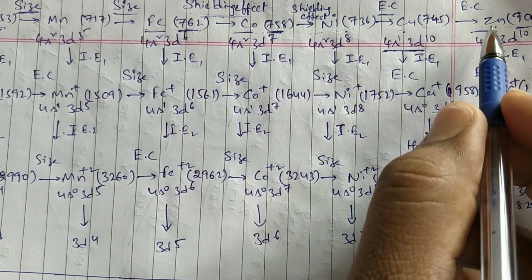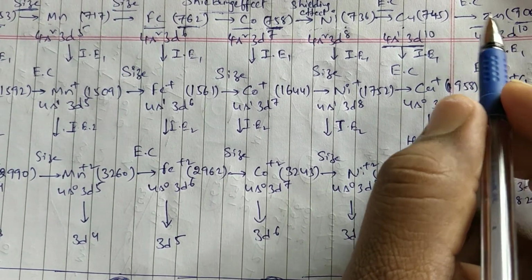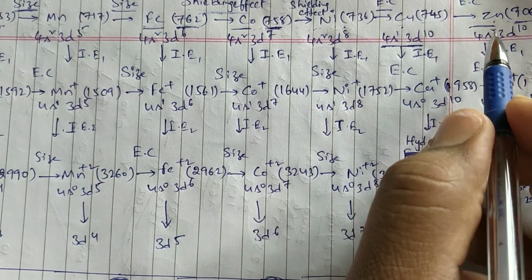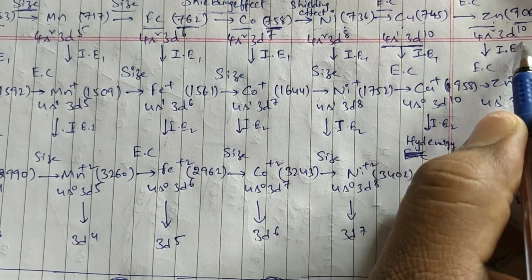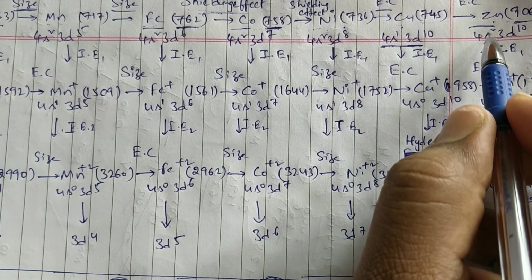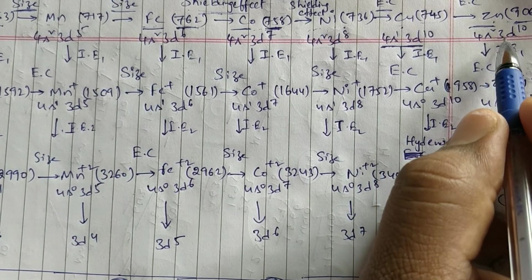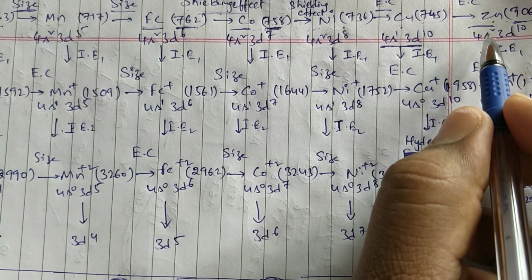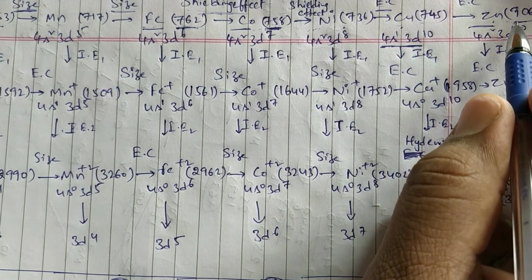But zinc has higher ionization energy than copper because zinc has a highly stable configuration, 4s2 3d10. If you want to remove an electron, this is completely filled, this is also completely filled, so it requires a high amount of energy.